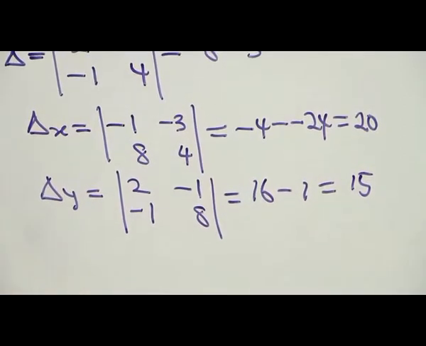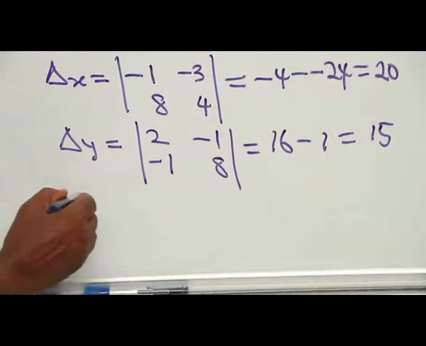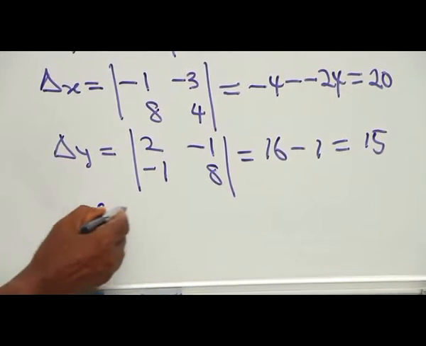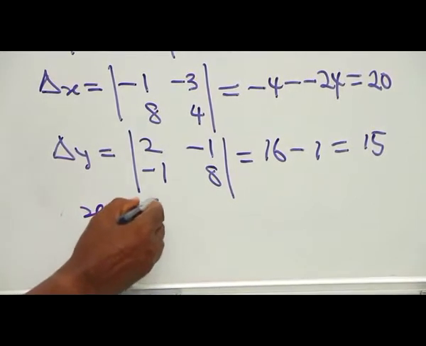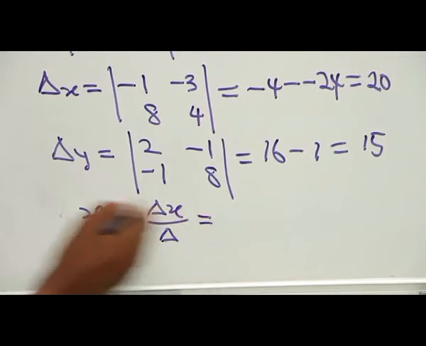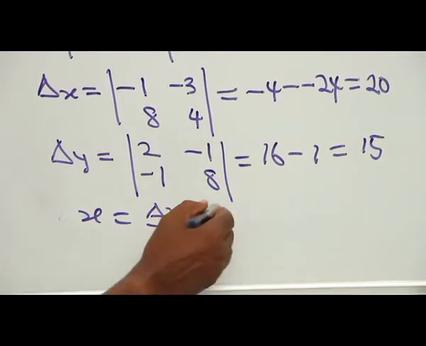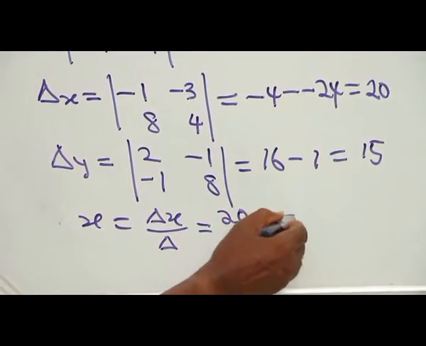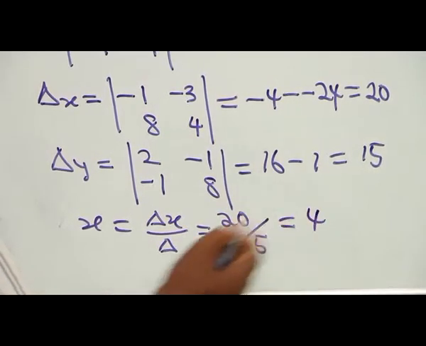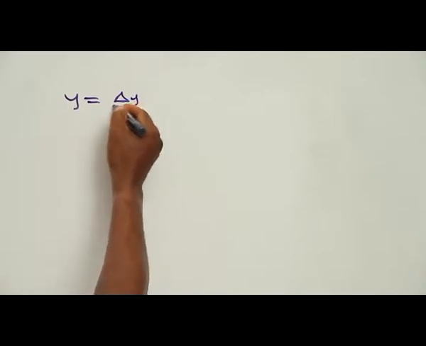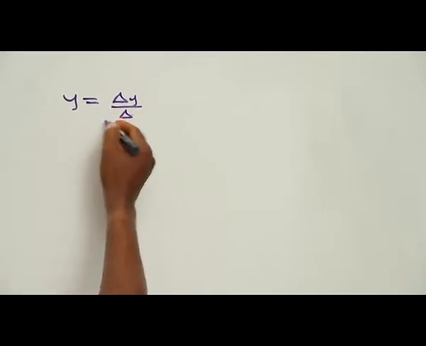Our answer therefore becomes, our S will be equal to the delta S all over delta. And delta S is 20 and delta is 5. And the answer here is 4. We also now have Y will be equal to delta Y over delta.